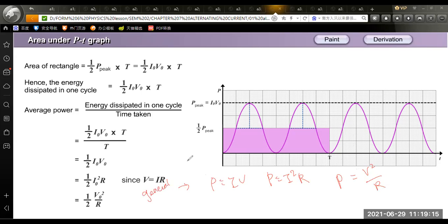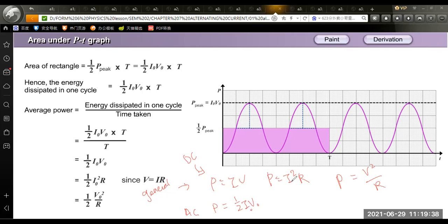If this is DC, direct current, we use these formulas, which we learned in Form 5, right? If we use AC, P will be equal to half of I naught V naught.